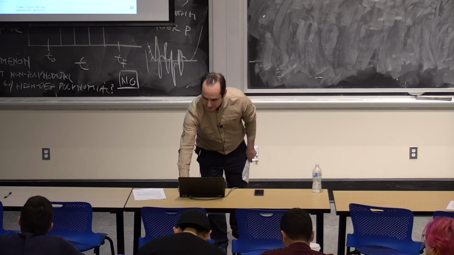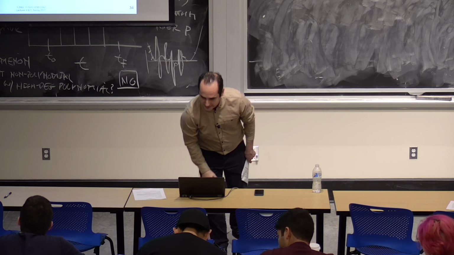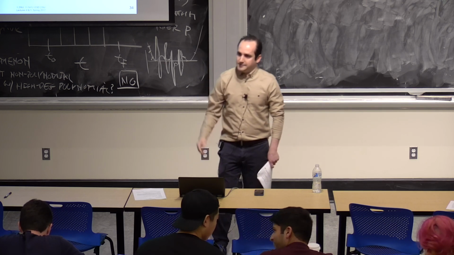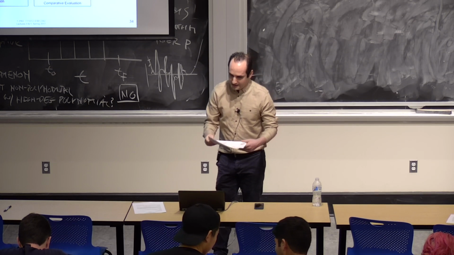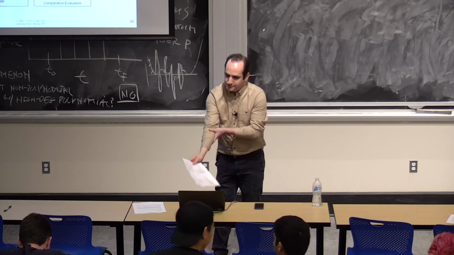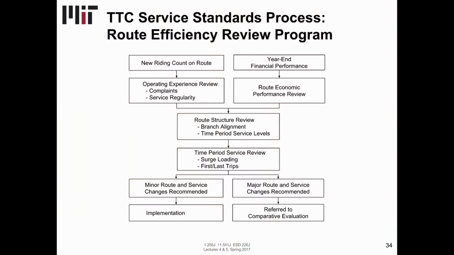Then there is another process related to the existing service that deals with the yearly review of the routes, the route efficiency review. Basically, you consider a route from a cost and benefit perspective. On the left, you can see the yearly ridership counts collected from the study year.